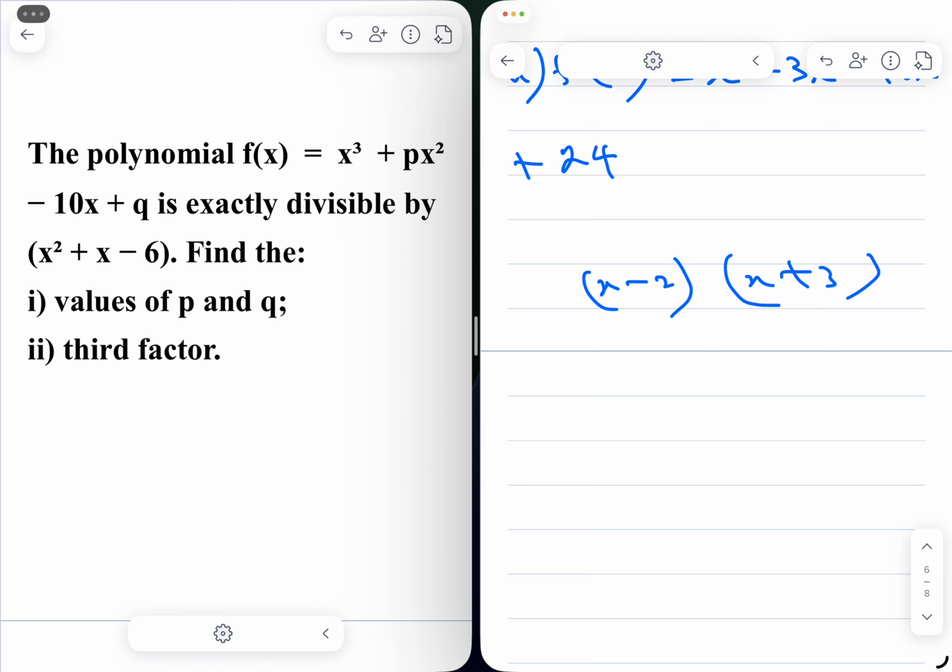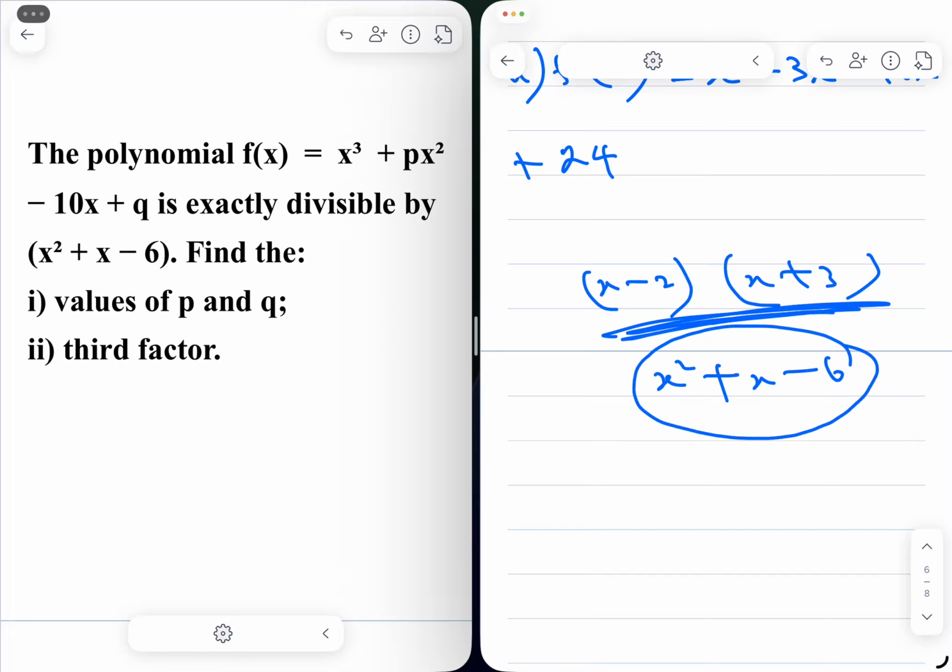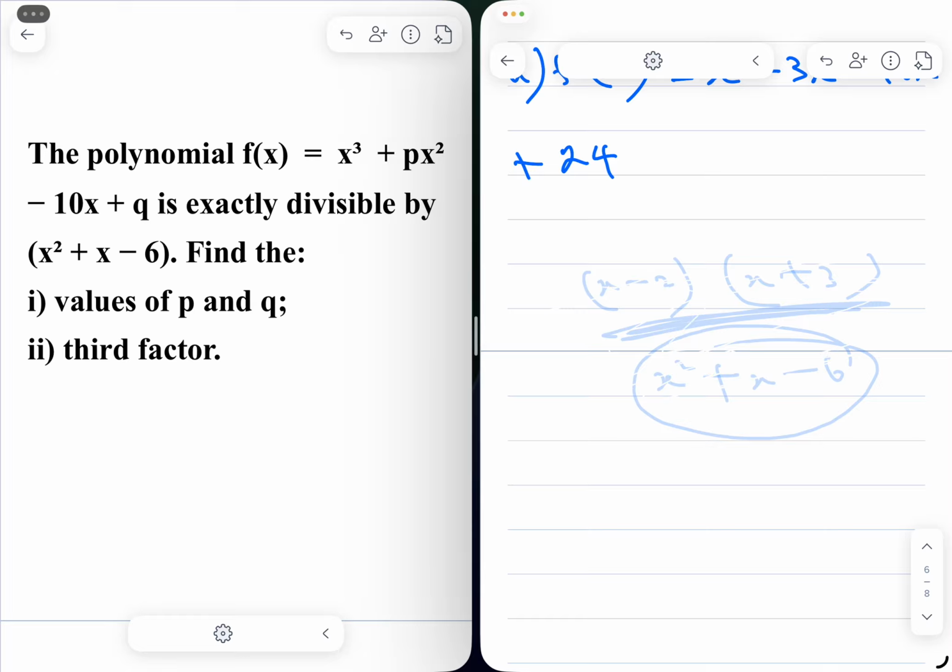So what we do is we divide f of x by the product of these two factors, and that was actually what they even gave us. The product of the two factors is x squared plus x minus 6. So we divide f of x by x squared plus x minus 6 to get the third factor.